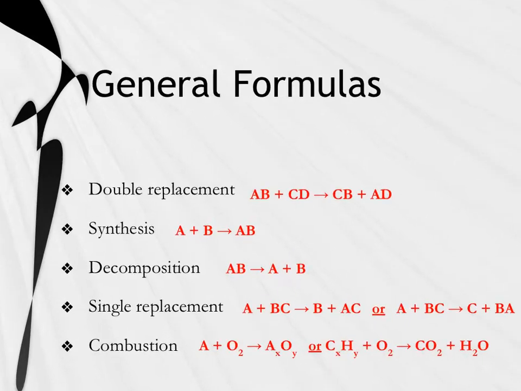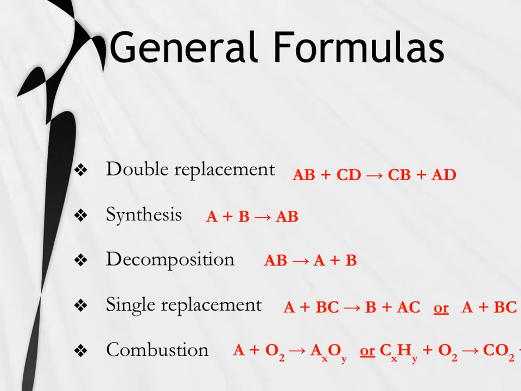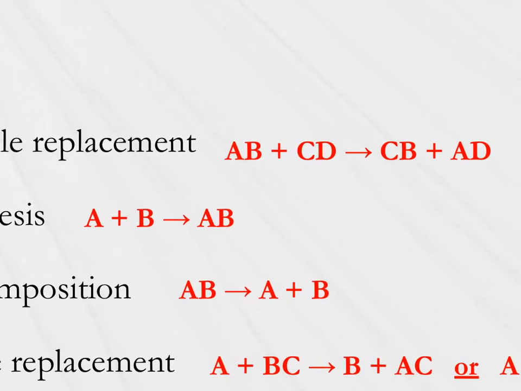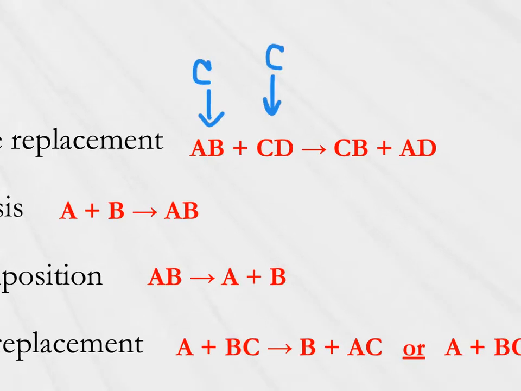Okay, so the double replacement. We've already seen the double replacement reaction with the acid-base reactions, but acid-base was a special type of double replacement reaction. This is a compound reacting with another compound, and it's going to form two new compounds.